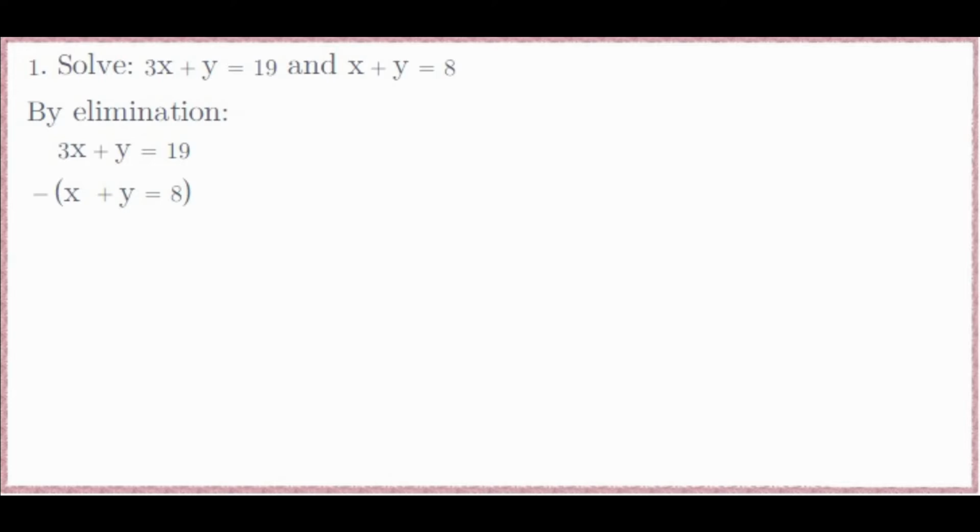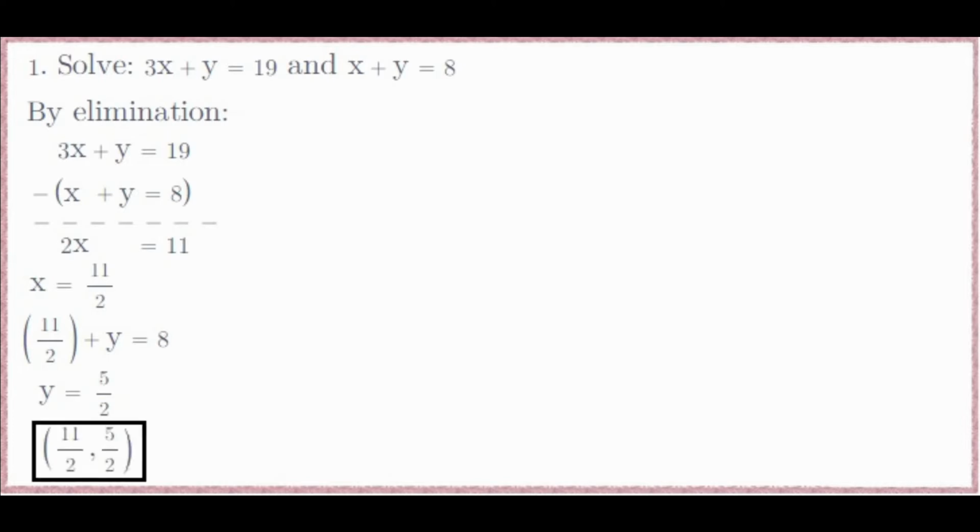Then subtract the second equation from the first one so that you end up with 2x equals 11, and divide again so that you can see that x equals 11 halves. And then again, substitute back into the second equation, and you'd get again y equals 5 halves. So your final answer again would be x equals 11 halves and y equals 5 halves.